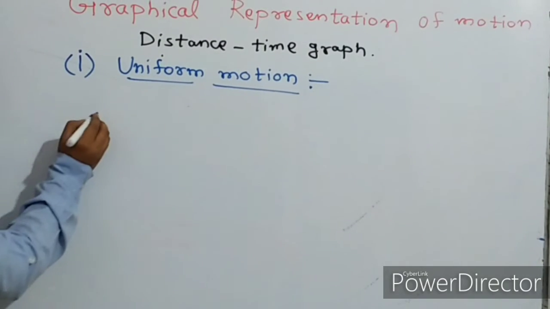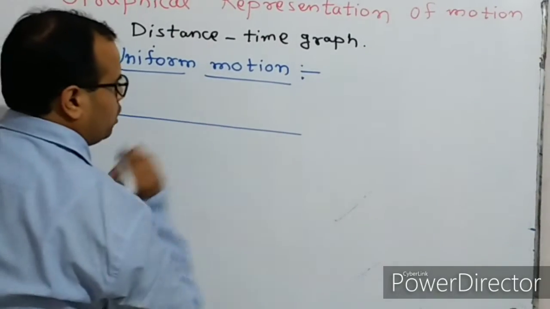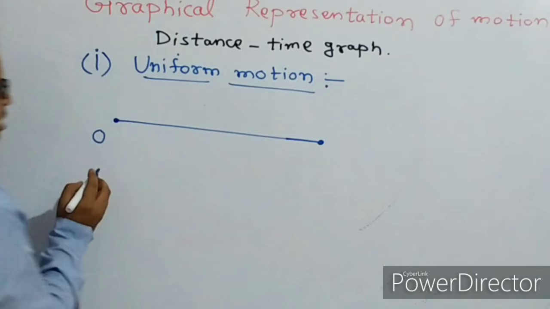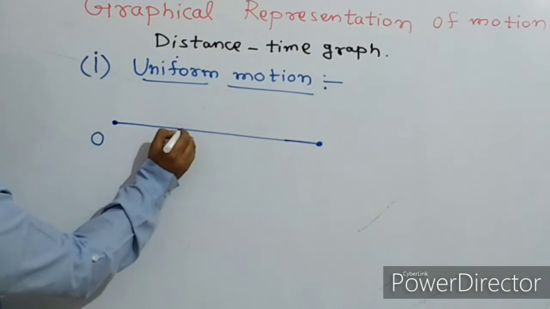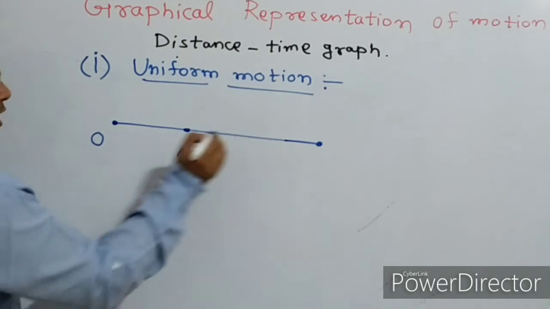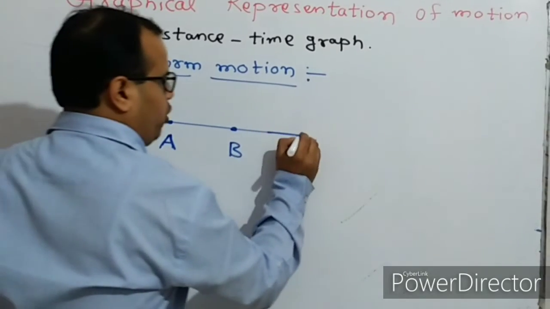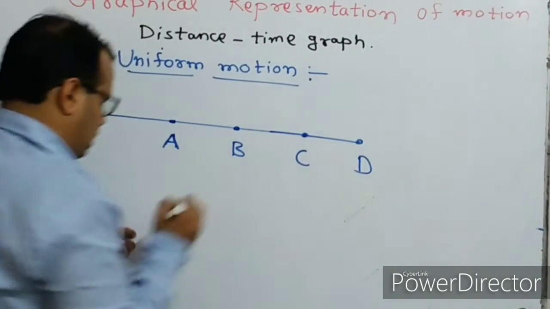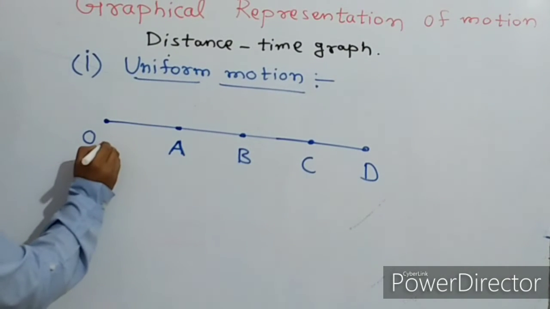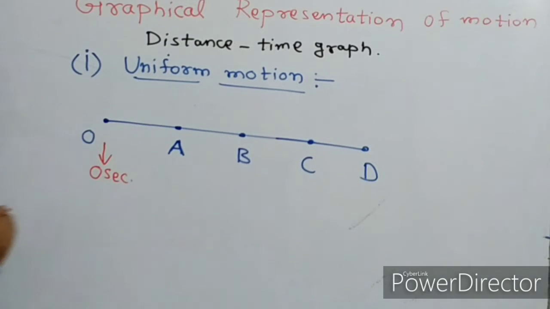So suppose we start from point O and we are going on a straight line like this, and we cover the distance in such a manner that from O we reach point A, then point B, then point C, then point D. Let us start the motion from this point O, and this is 0 second.